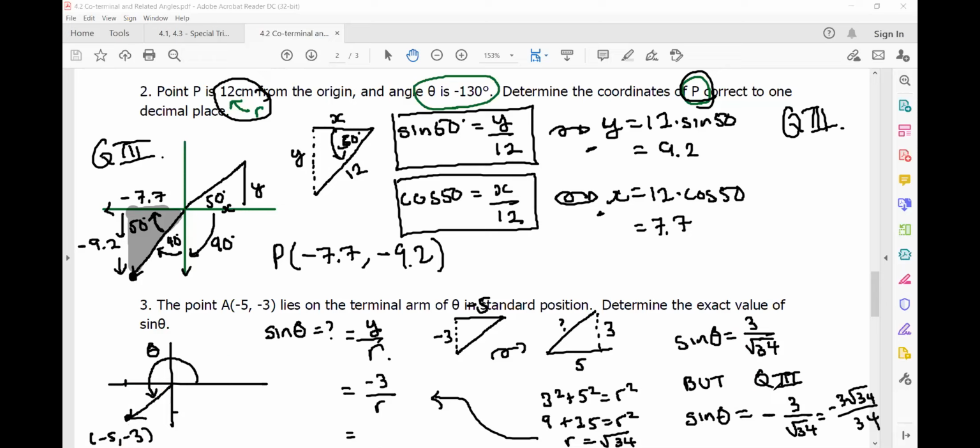Do you have to switch it to positive? Like, if you kept it, wouldn't you get the same answer? You would. You absolutely would. I sort of forced that idea because sometimes you're not given the point. All you're told is that you're in quadrant 3.